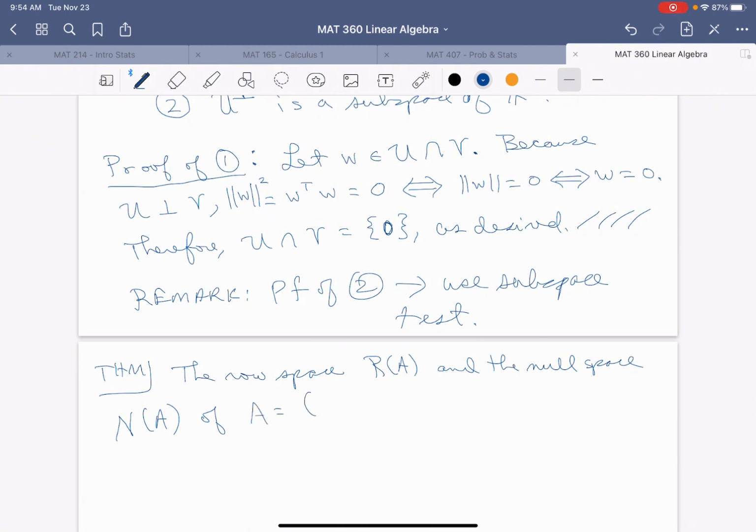We know A is a matrix, and it's m by n. And what we want to prove is that those two spaces are orthogonal. So just have a little color here. I'll switch to orange. Okay, so let's see if we can prove these two facts.